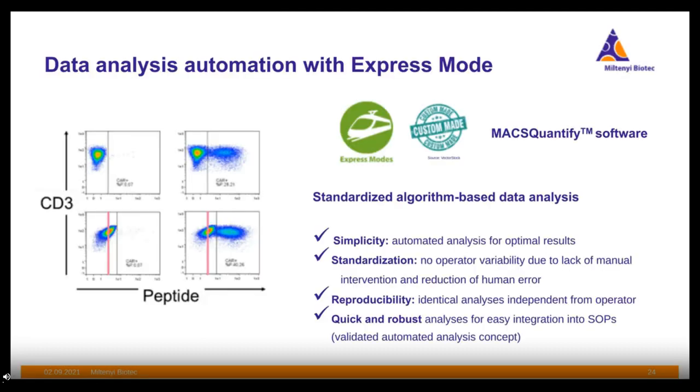To solve this problem, our MACS Quantify software is equipped with a feature that we call Express Mode, which is an algorithm-based flow cytometry analysis tool, supporting automated data analysis, resulting in simplicity as well as avoiding human error from different people analyzing the data.